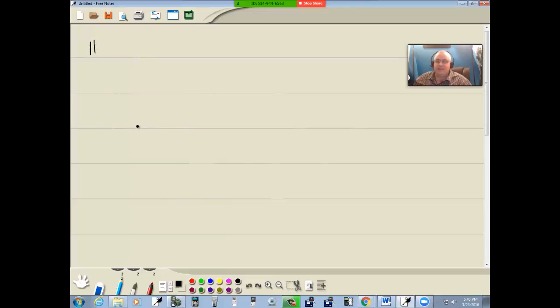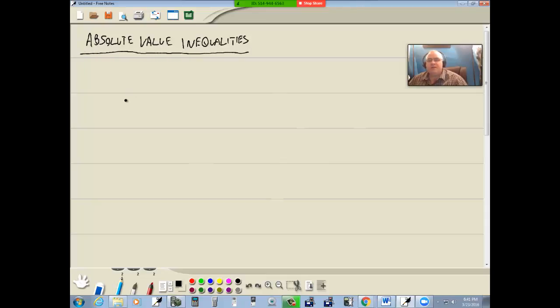Now the second thing in this section is absolute value inequalities. So let's talk about those. And we got two cases. Case 1, we got the absolute value of something is less than something else.